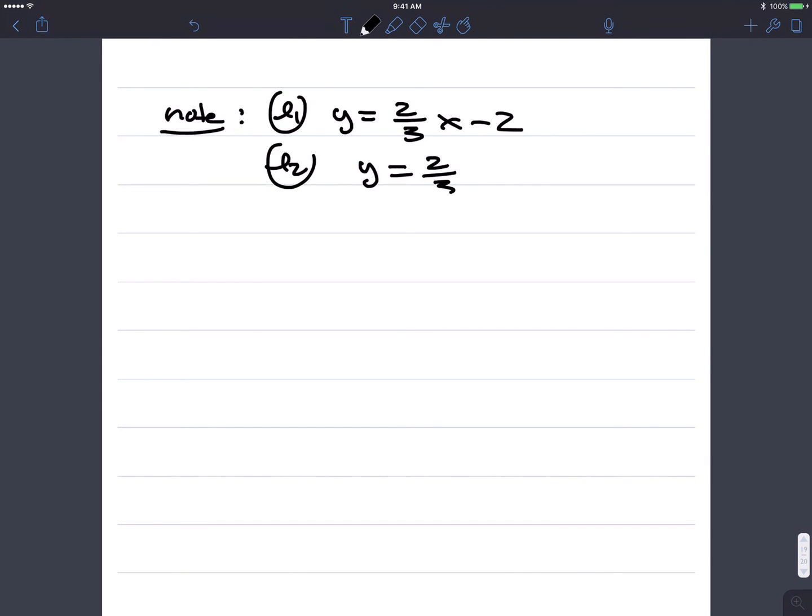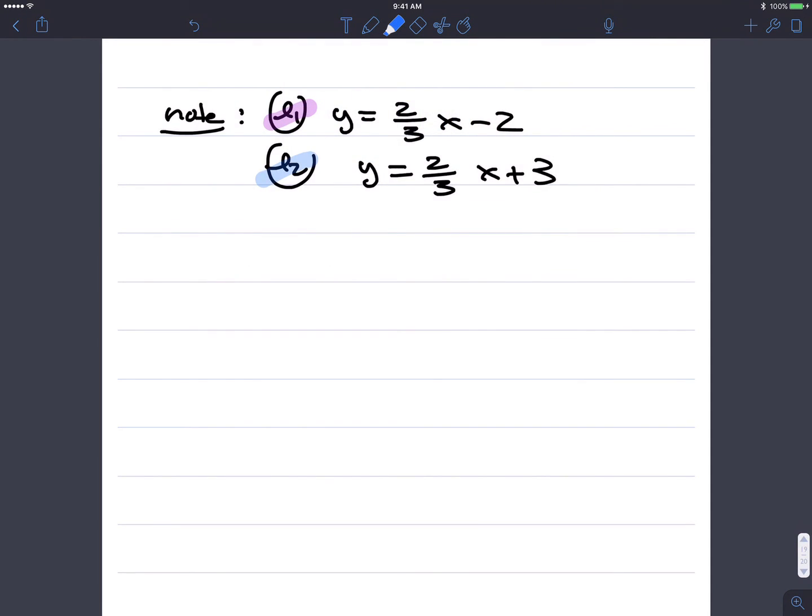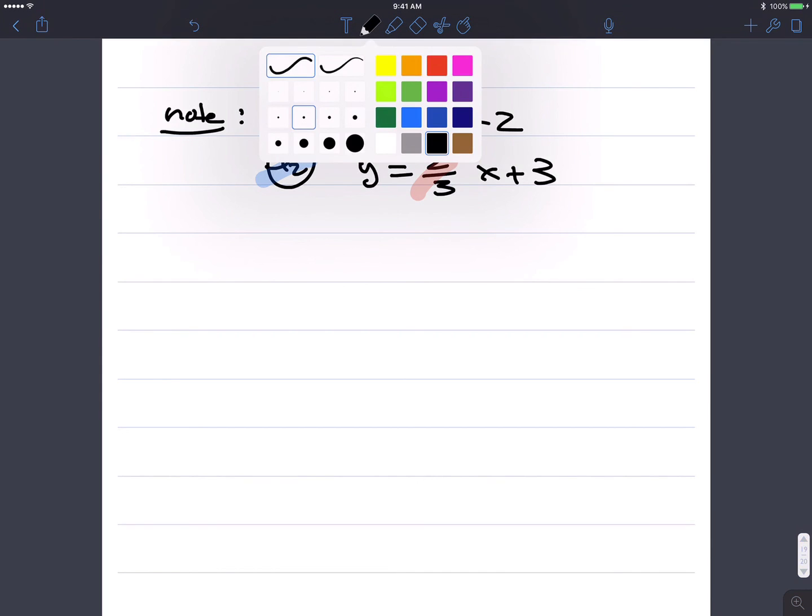Y is 2/3 x plus 3. Now, we did talk about this in lectures, so you may notice something interesting about these two lines. We're still going to graph the first one in purple, and the second one in blue. But notice something very, very interesting. They have the same slopes. Remember, this is going to have some meaning for us. Same slope. We'll put it in red.